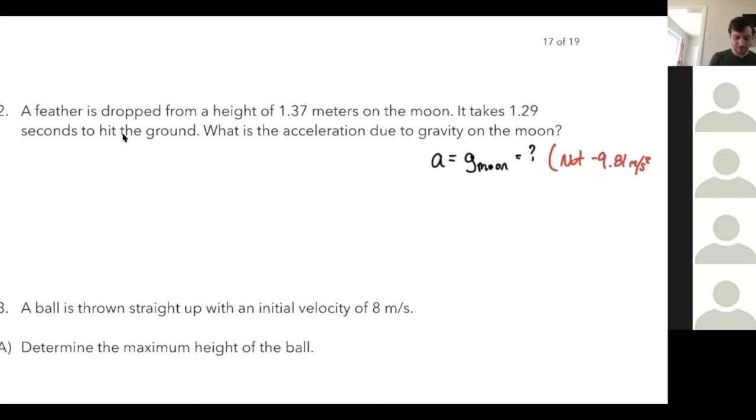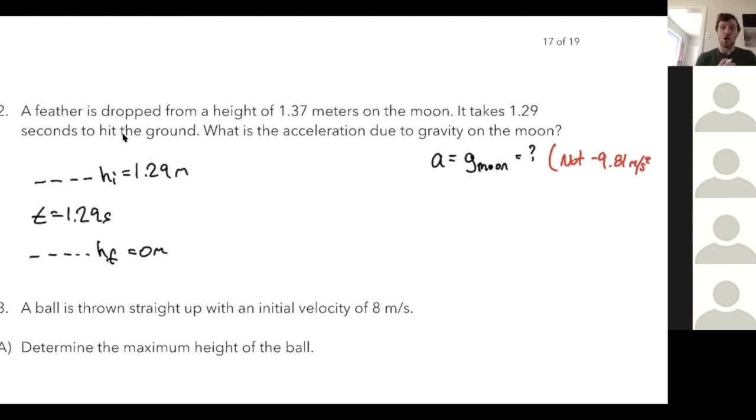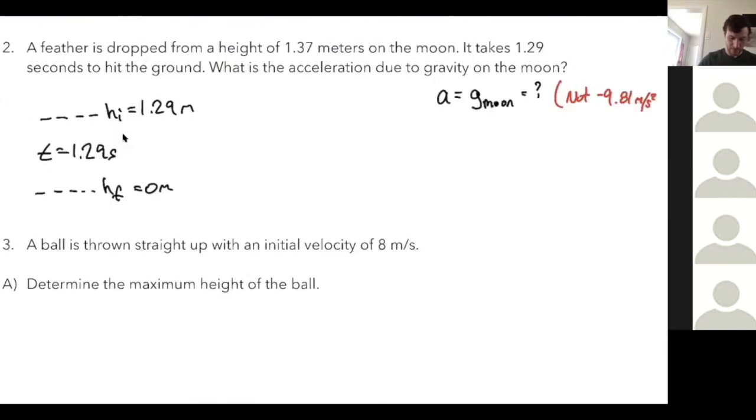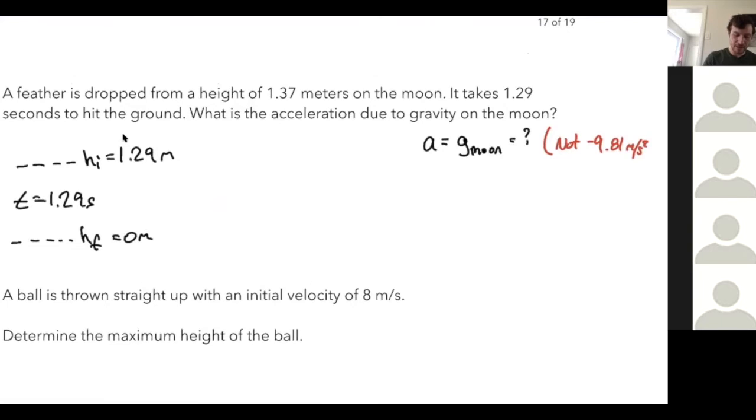We've got here an initial height of 1.29 meters. And we've got our final height of 0 meters, okay? And it takes a time of 1.29 seconds. With free fall questions, just be careful. If you are falling down, you are losing height.